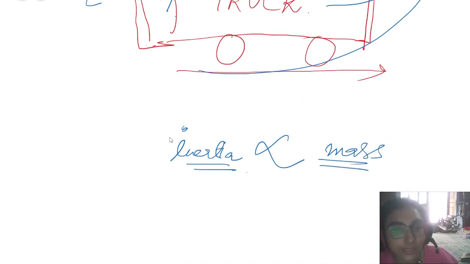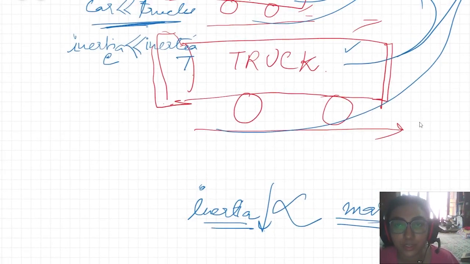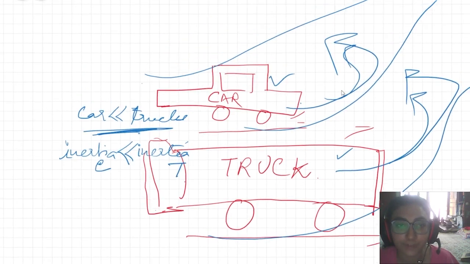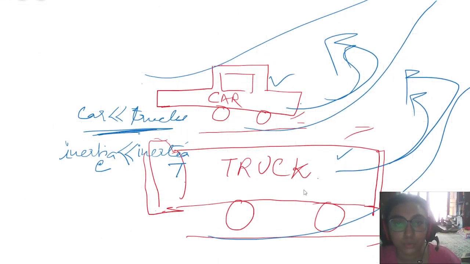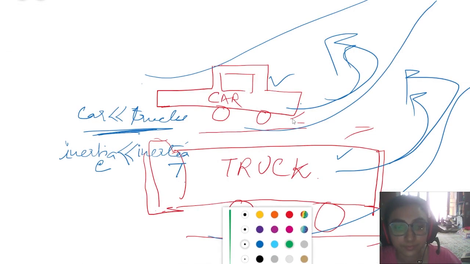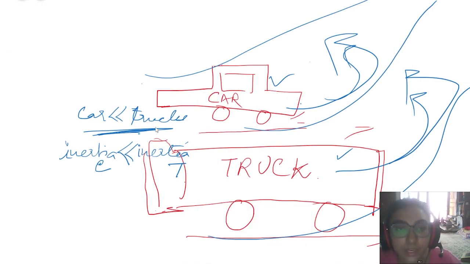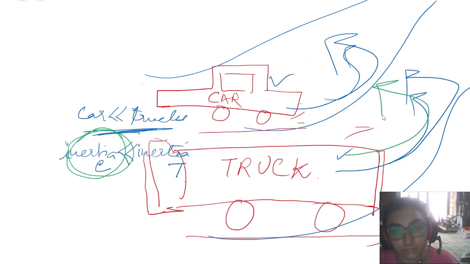So the body which has less mass will have less inertia of rest or uniform motion, whatever it is. So we could understand that when the turn came, it was easier for the car to change its state of rest to that of motion, because its inertia is less, and it took more time for the truck to take the turn because its inertia is obviously more because of its mass.